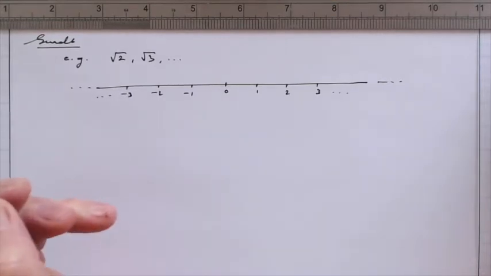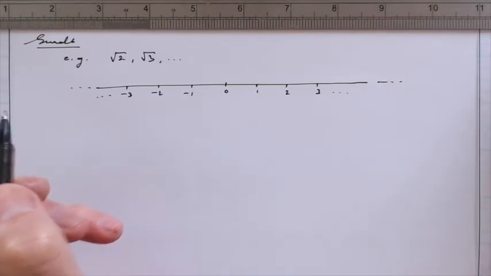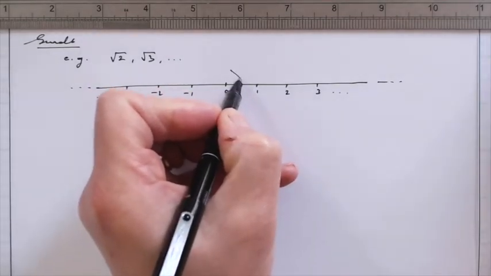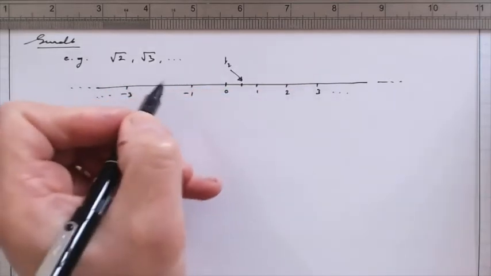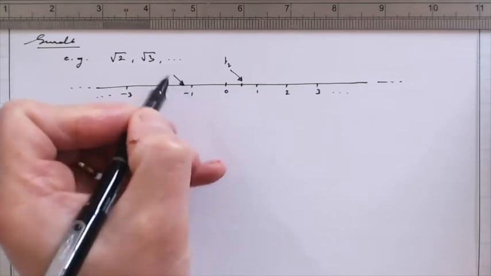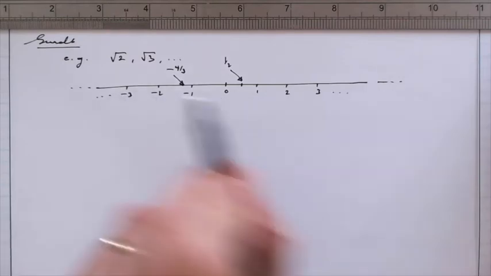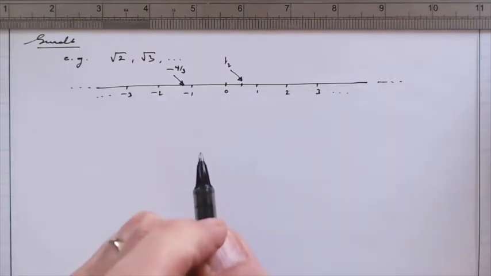We have rational numbers, which we colloquially know as fractions, but strictly speaking fractions of integers on this line as well. So for example, here's 1/2, and here's, for example, -4/3. So all fractions of integers can be represented on this line too.